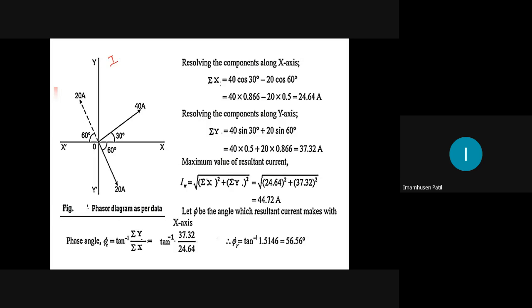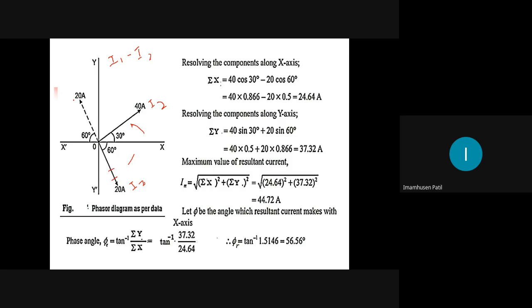I have drawn here I1 and this is I2, 60 degrees. I2 has a minus, that's why it is down; I1 has a plus, that's why it is up. Addition is not what we do here, since I1 minus I2 is required.